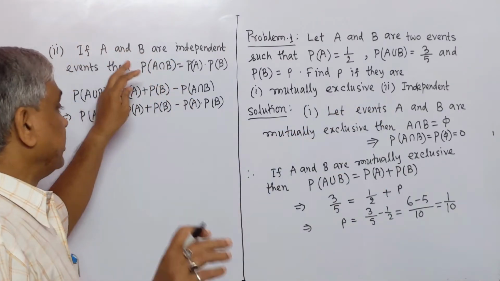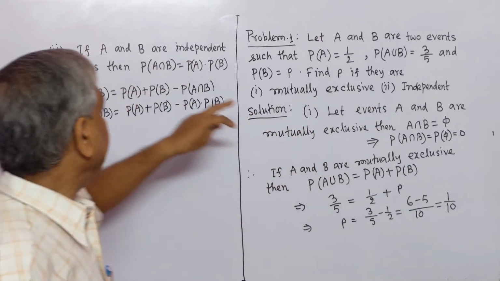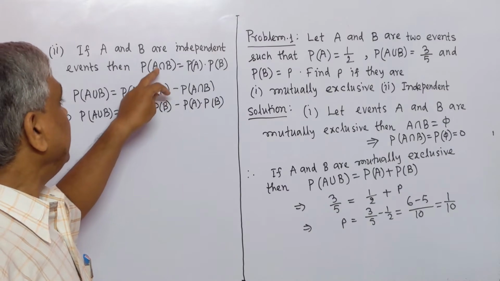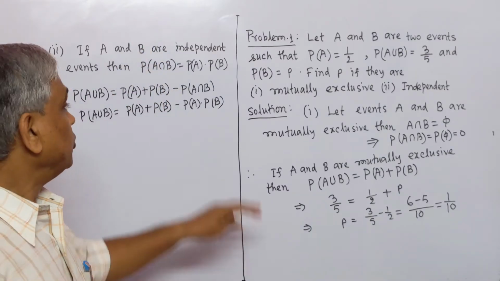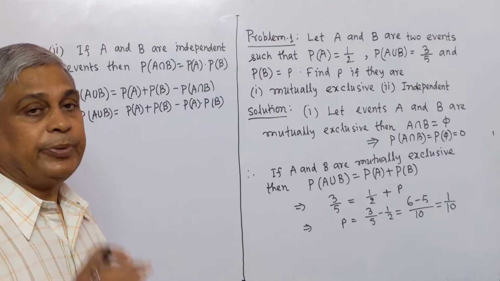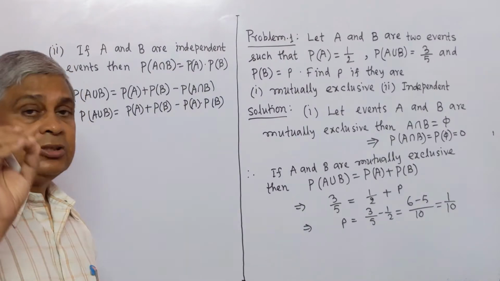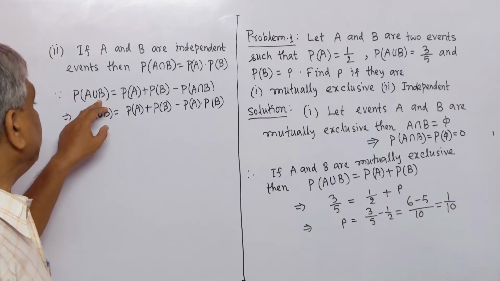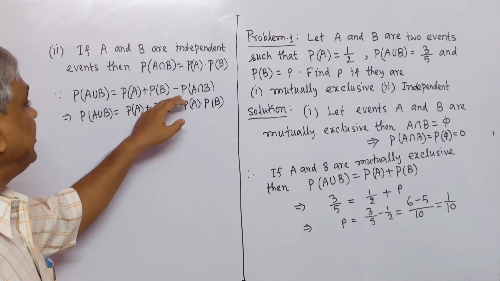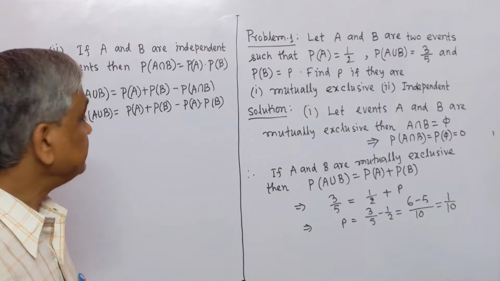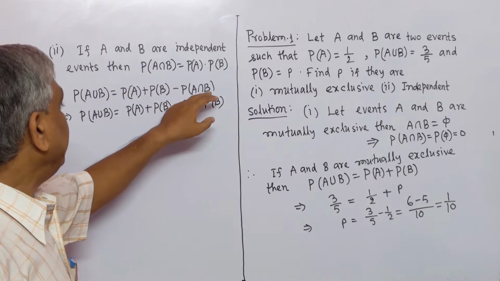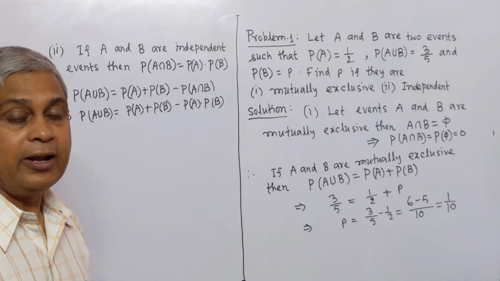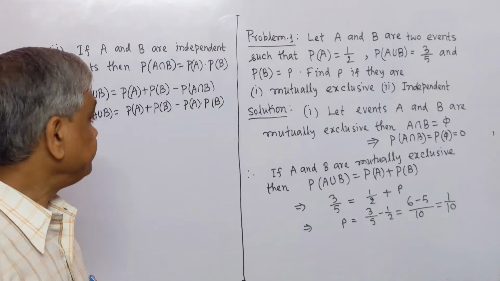Number 2, given that A and B are independent events, then we know that P(A intersect B) equals P(A) multiply P(B). P(A) is the probability of A. Since the formula for total probability is P(A union B) equals P(A) plus P(B) minus P(A intersect B). Here P(A intersect B) equals P(A) multiply P(B), since A and B are independent events.